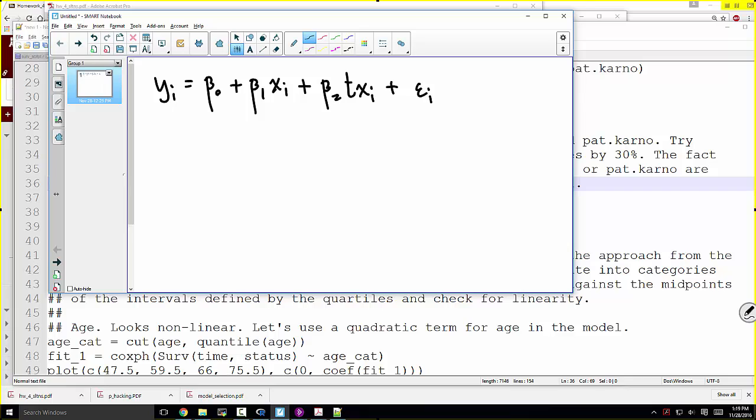So we'll say treatment is either 0 or 1. 0 is control, 1 is treatment. And our interest is in that coefficient. Is there a treatment effect? Let's do inference on beta 2. We have this other variable x.